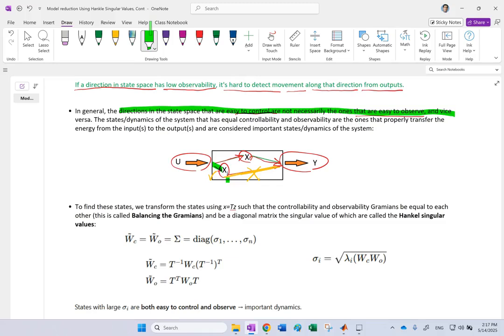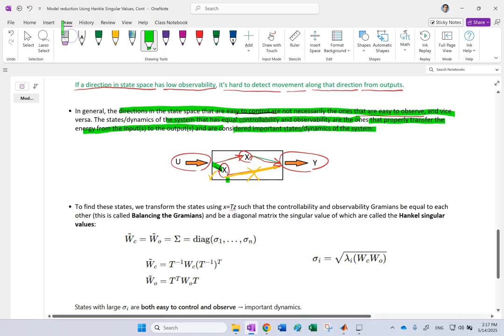Now, we say that the states in a system that have equal controllability and observability are the ones that properly transfer the energy from input to the output, and those are the important states of the system. Okay?